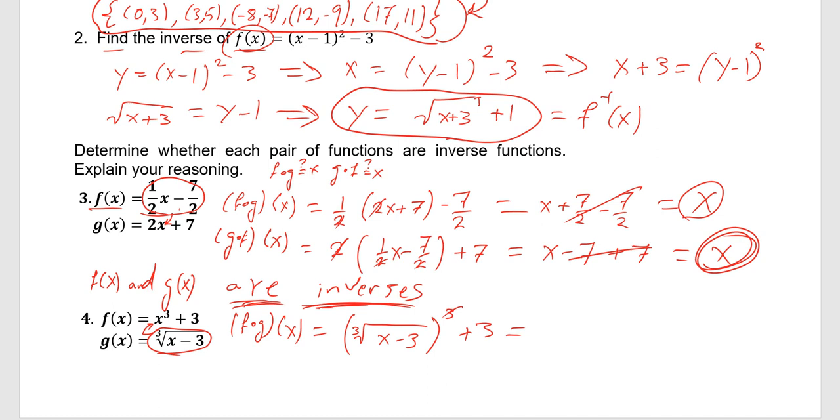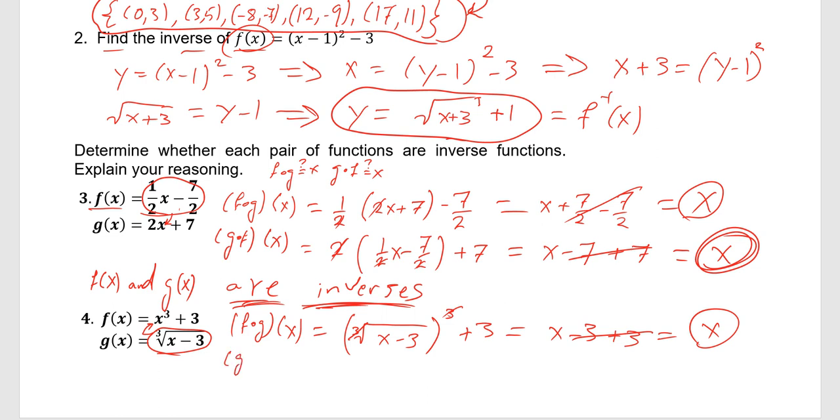So the cubic root cancels away with the cubic power, and we just get x minus 3 from the parentheses, plus 3, negative 3 and plus 3 cancel out, and we just get x.